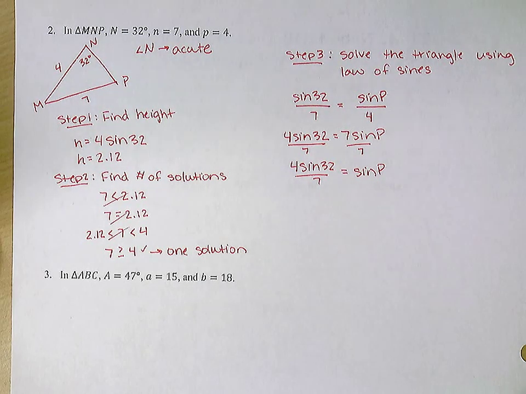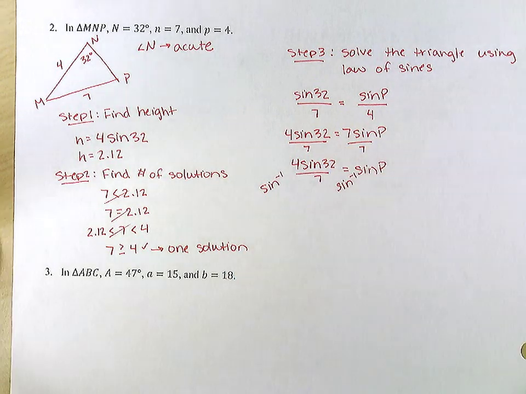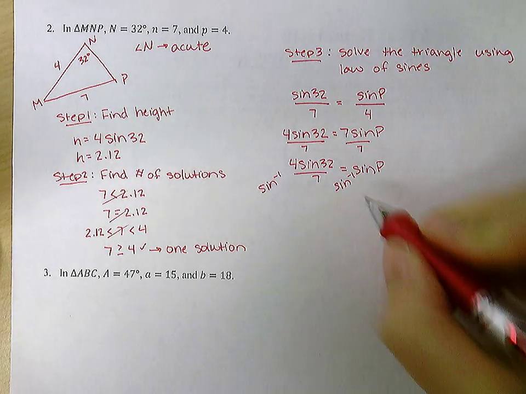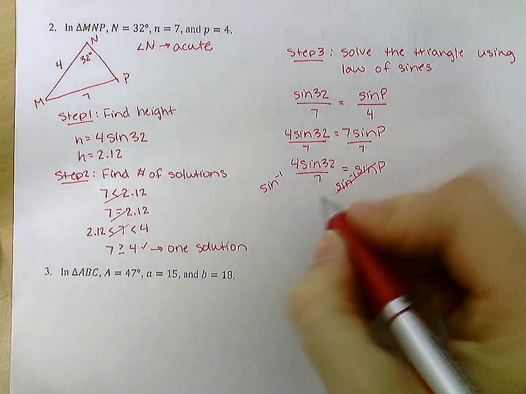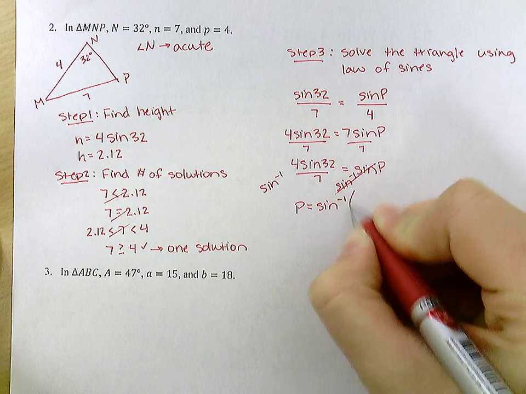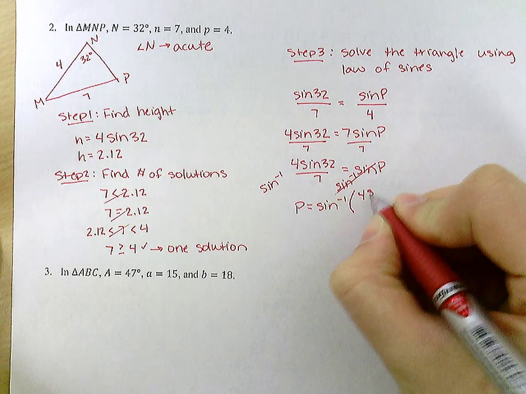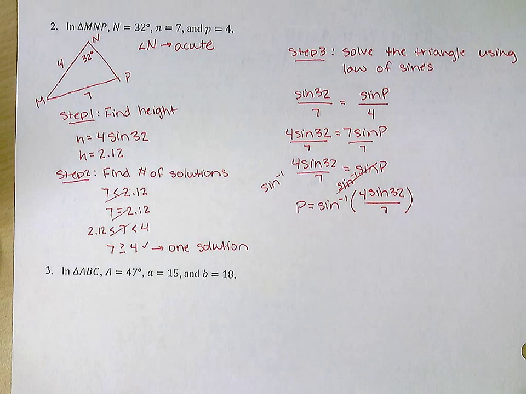Do you remember how to get an angle by itself? You take the inverse of both sides. Okay, so I'm going to bring in this sine inverse to both sides. That way on the right hand side here, my sines cancel out and I'd have P by itself. Okay, so I have P is equal to the sine inverse of this whole quantity, 4 times the sine of 32 over 7. And that's what you would want to enter into your calculator.